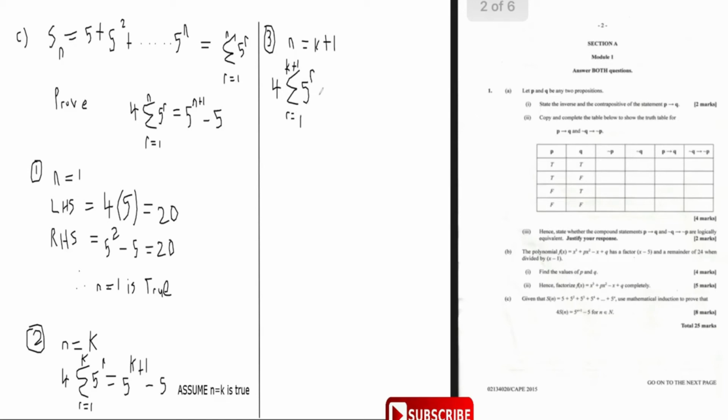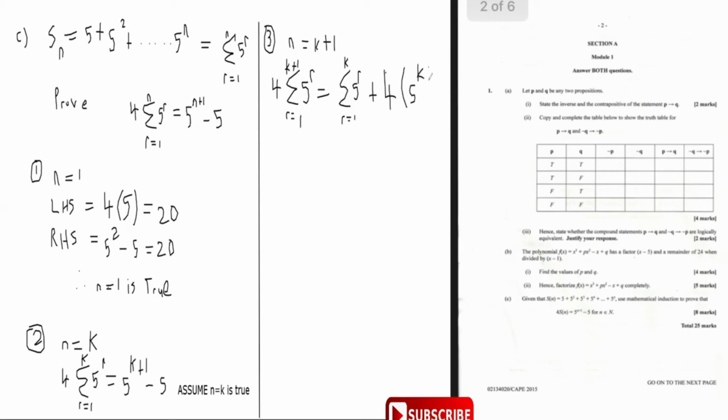That's going to be equal to the sum from r equal 1 to k of 5 to the r, plus the k plus 1th term. The k plus 1th term is you putting k plus 1 over here. So it's 4 times 5 to the k plus 1.